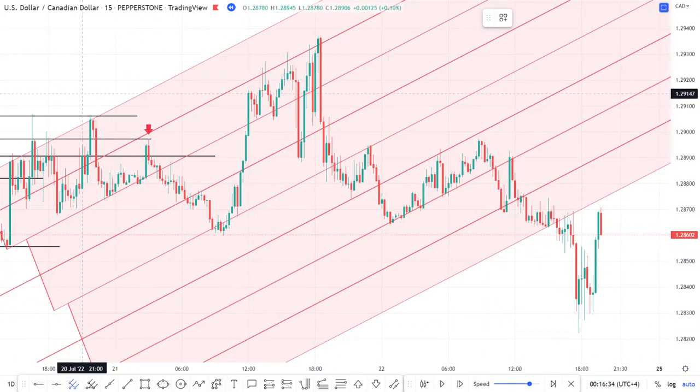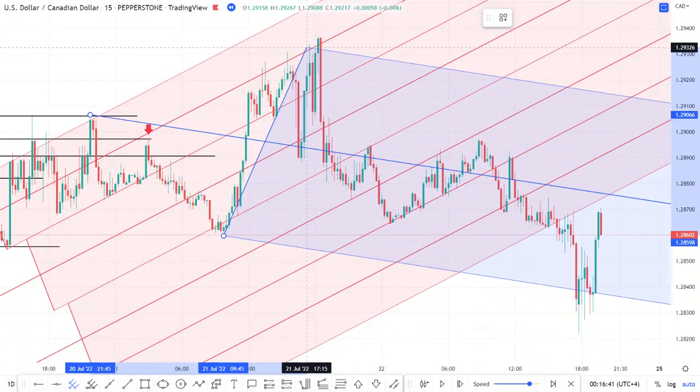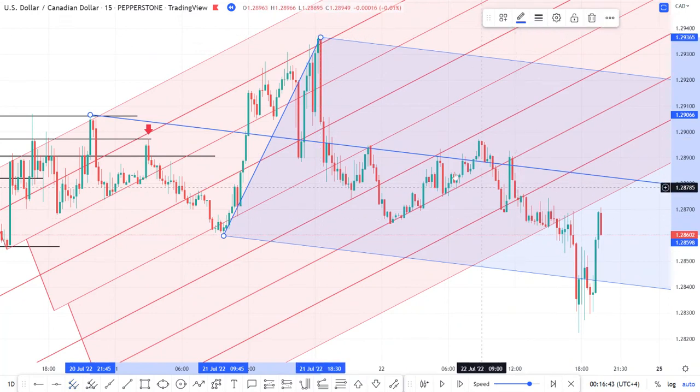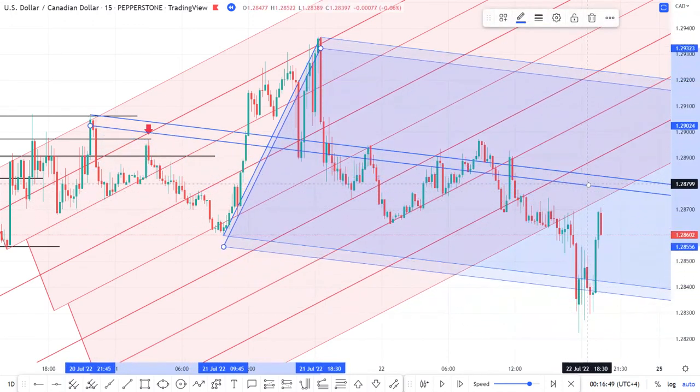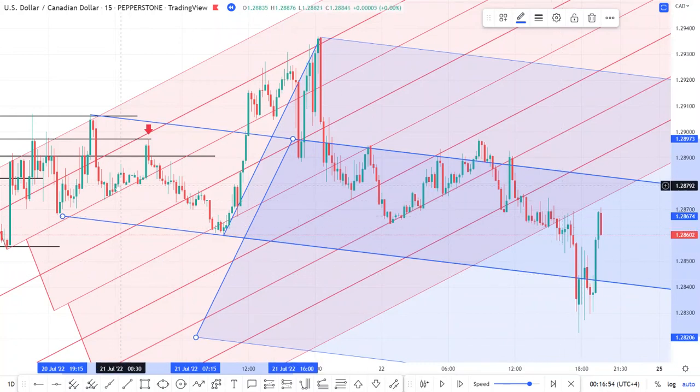So, meron tayong obvious highs and lows. This could be the high and a low and a high. So, this is a good fork then, downsloping fork. So, extrapolate natin pababa. Tingnan natin yung price kung makakarating doon.